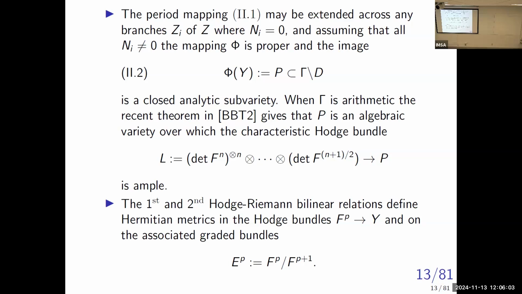And moreover, there's an ample line bundle over the image. Okay. So this theorem, proven 2-3 years ago, settled a long-standing problem using a new technique of o-minimal structures. And that led finally to a proof that you get not just an analytic variety. Once you know this is proper, this is an analytic variety. They proved it's algebraic, and here's an ample line bundle.